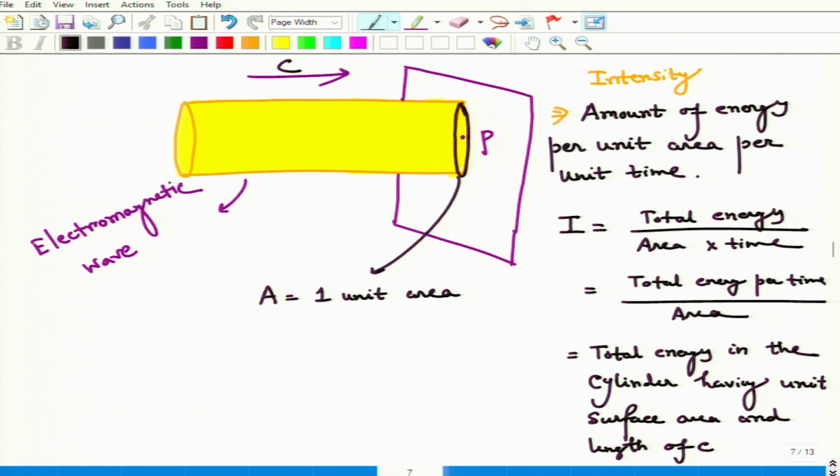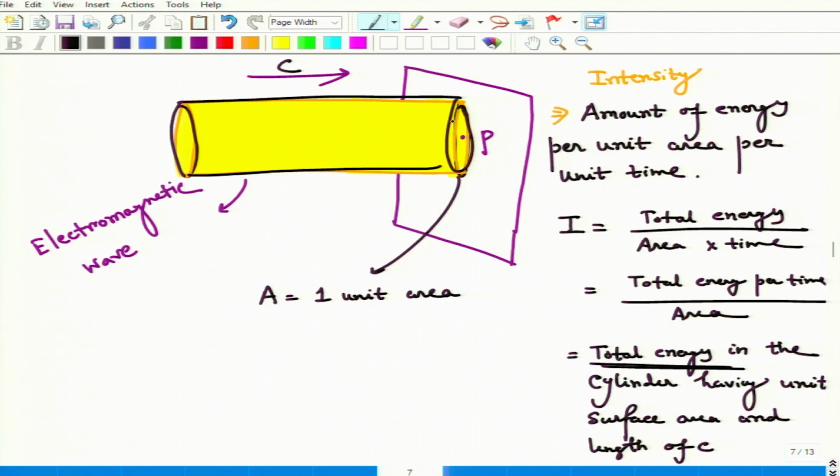What will be the total energy? This is the cylinder of length c and the cross-section area is unit area, so the definition is consistent. The total energy stored in this volume should be the intensity of that radiation. As I mentioned before, the intensity is the total amount of energy imposed at a point P perpendicular to the plane of the propagating electromagnetic wave per unit area per unit time.